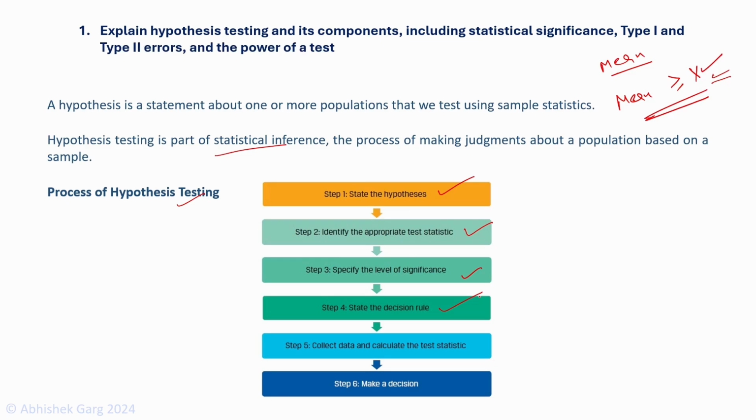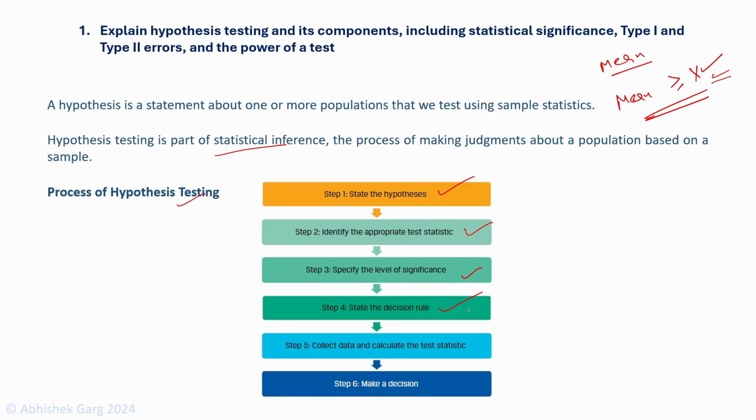State the decision rule. After we specify the level of significance, we get a critical value from standardized tables. So we use that critical value to state our decision rule, that the test statistic that we calculated should be greater than this amount or should be less than this amount.